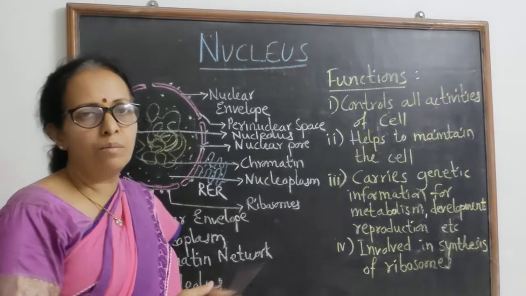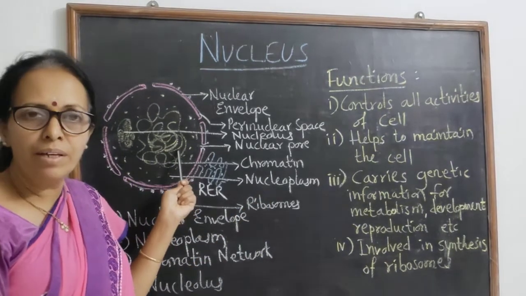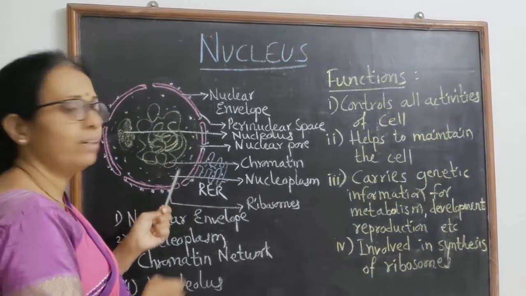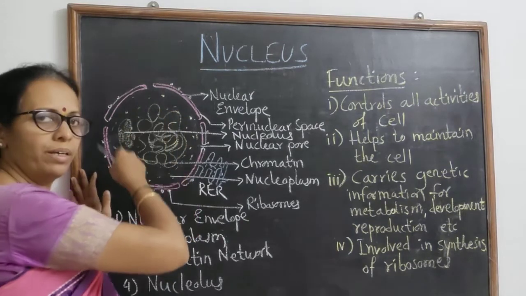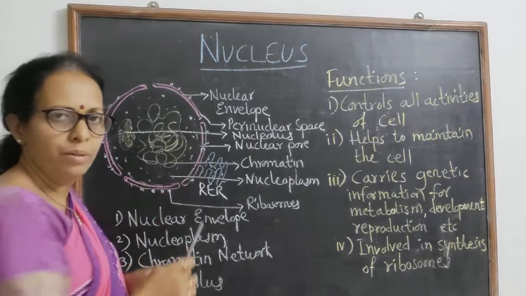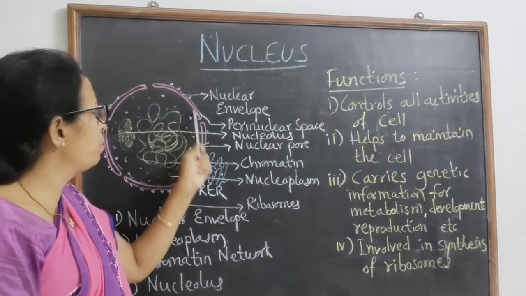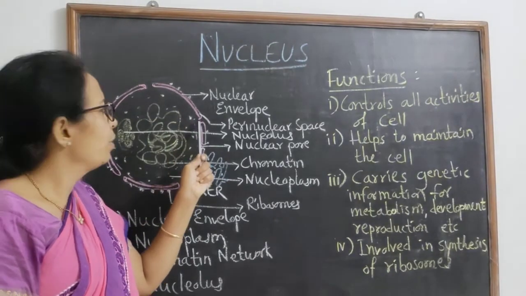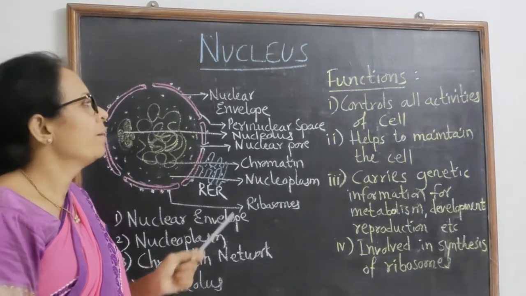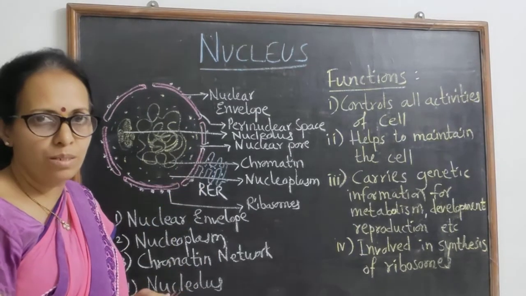These spherical bodies we call the nucleus, which has a detailed structure like this, where the spherical body is bound by the envelope. We call it the nuclear envelope, which is a double membrane structure. Each unit membrane is lipoproteinaceous in nature, and around 60 angstrom units in thickness.